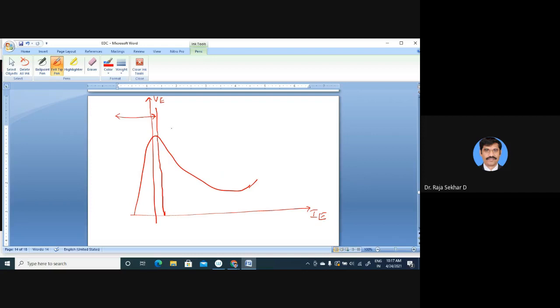So this is emitter voltage in volts. Now this is emitter current, IE in milliamperes.